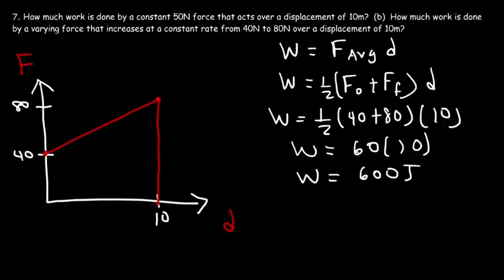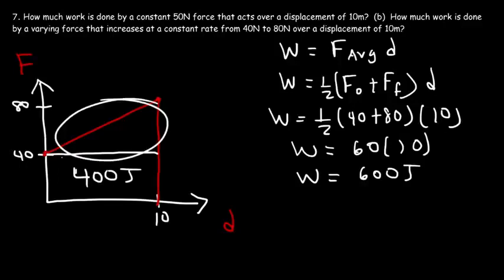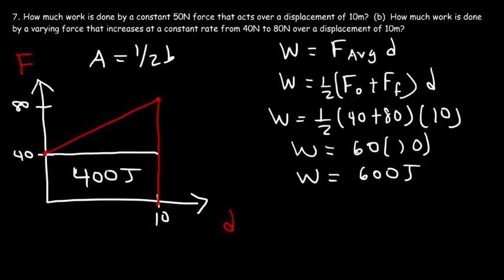For this type of graph, you want to split it into two parts, a rectangle and a triangle. The area of the bottom rectangle is the length times the width, so it's 40 times 10, which is 400 joules. Now we need to calculate the area of the triangle, which is 1/2 base times height.